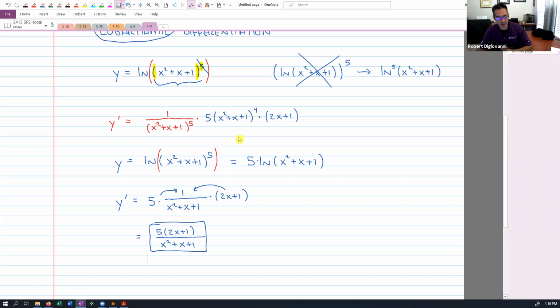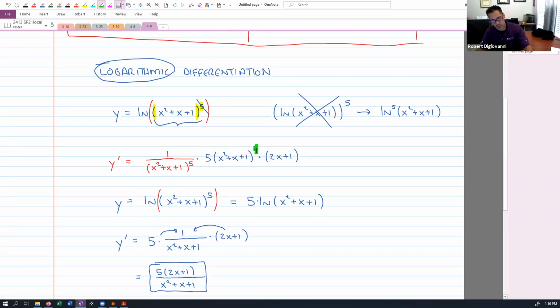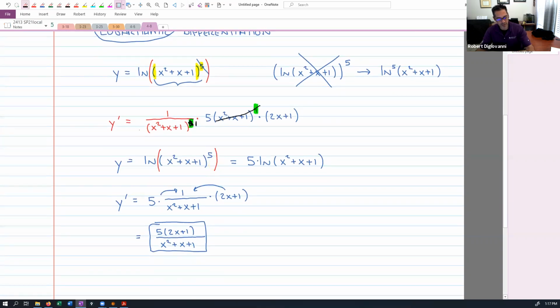You can see they're the same because this one is raised to the 4th power, and then you have the same expression on the bottom to the 5th power. So you could cancel all 4 of these and cancel that 5 and let it become a 1. And now you have 2x plus 1 over this, and you still have a 5 out here, which is exactly this answer. You see that?